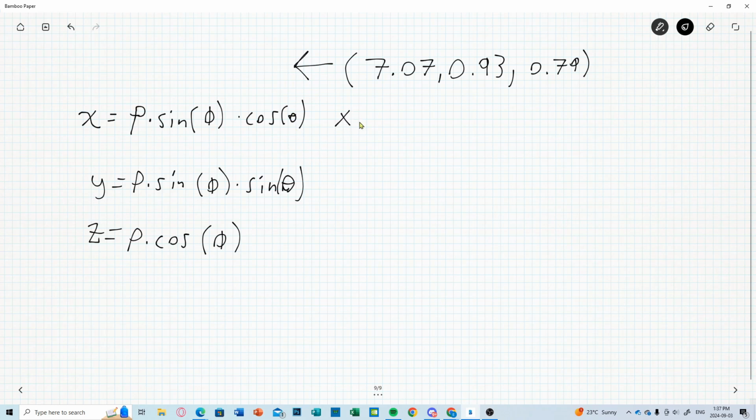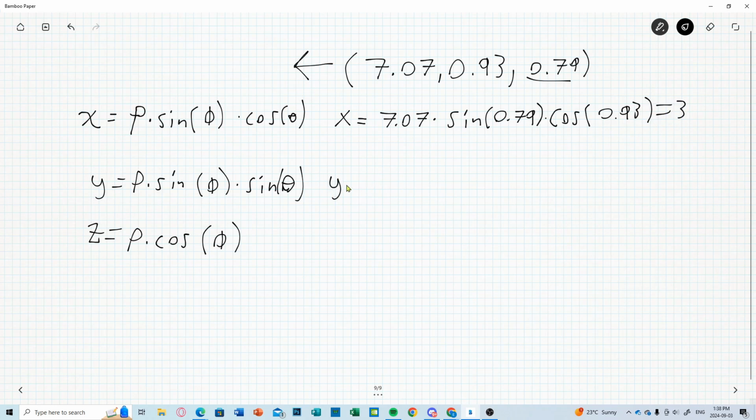The first one we're going to do is x, which is equal to 7.07 multiplied by sine of our phi, which is our 0.79 radians. Make sure your calculator's in radian mode when putting this in, or else you'll get the wrong answer. And we're going to multiply it by cosine of our theta, which is 0.93, which will get us 3.